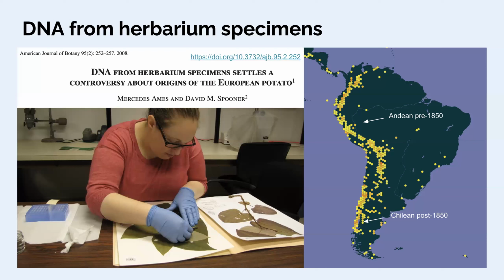There were potatoes that showed up in Europe after they'd come back from South America, and they had some from the northern Andes and some from Chile. And they basically connected those to when those specimens were collected and which one was more related to the cultivated potato. So a combination of specimen data and DNA data to answer that question.